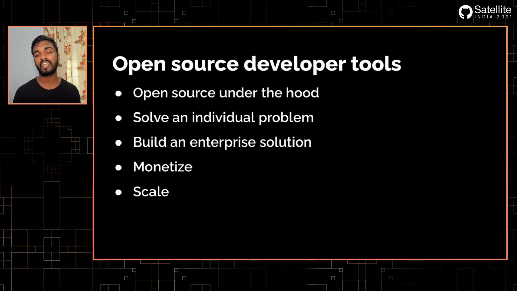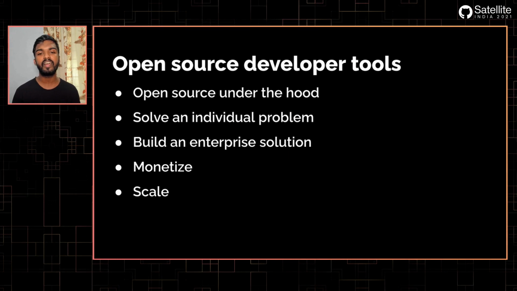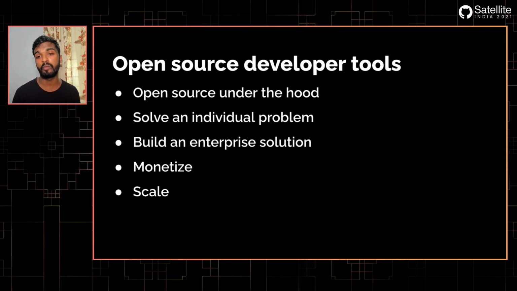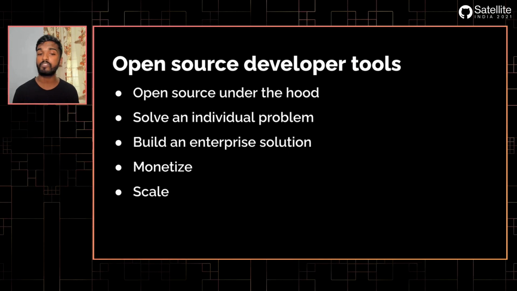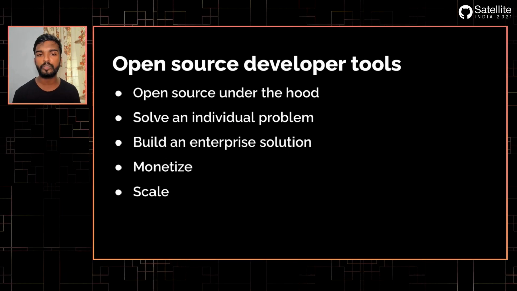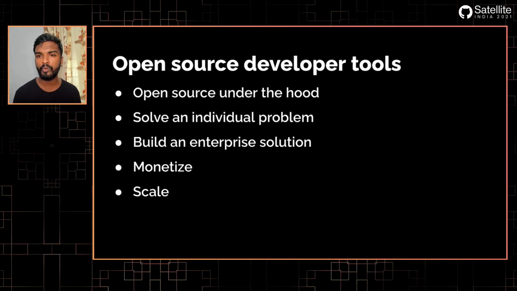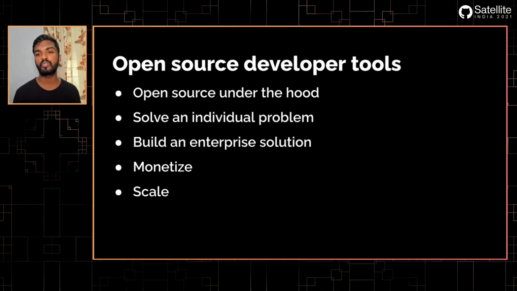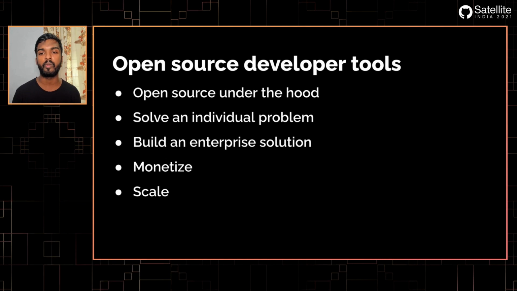So this is how you can build the next best open source developer tools with the help of the community. And Hoppscotch being a tool built by the community and for the community, we are really proud to accept all these contributions from our collaborators.